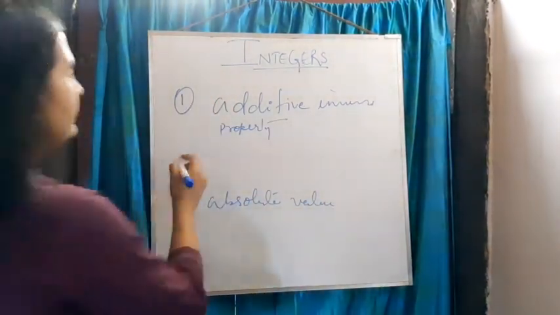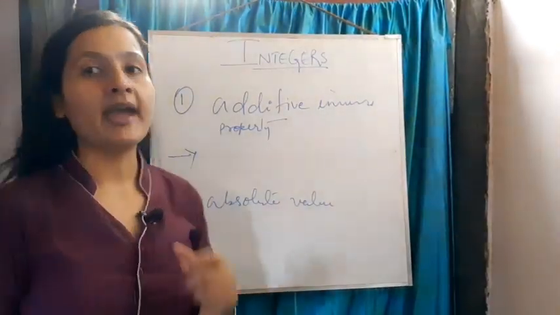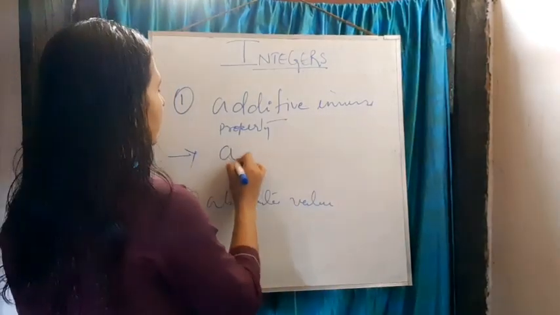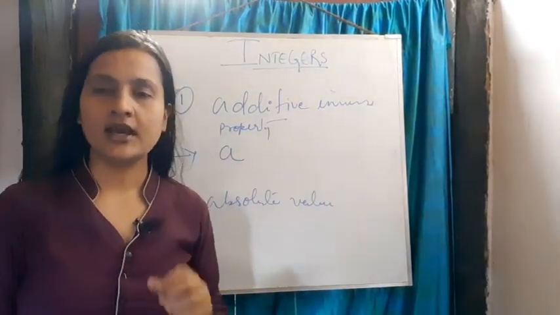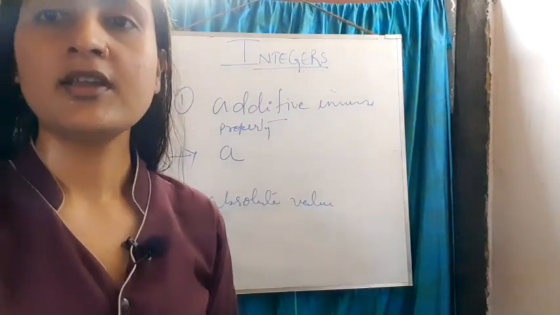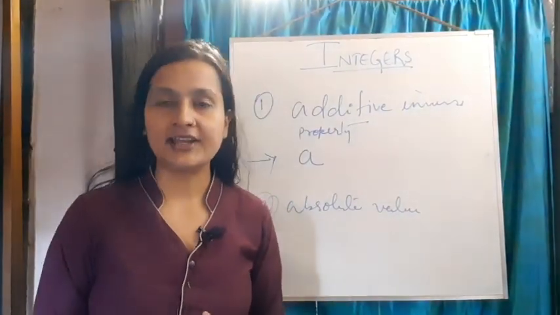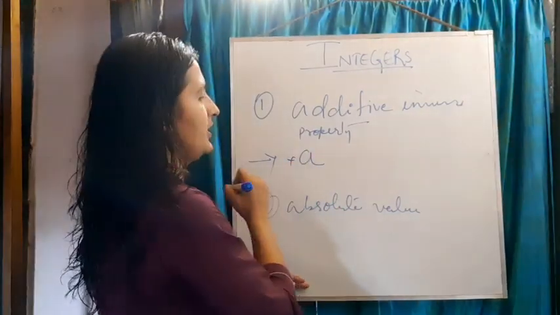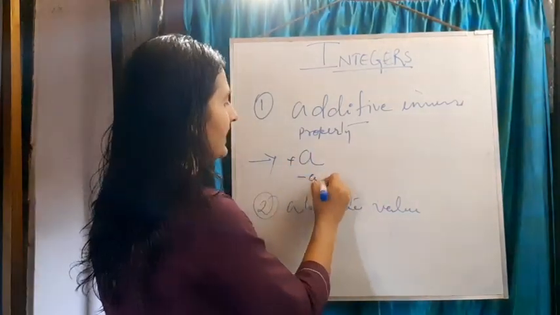In additive inverse, when you add a number, suppose A is the number, with the opposite sign of the same number, suppose A is positive, then its opposite will be minus A, right?